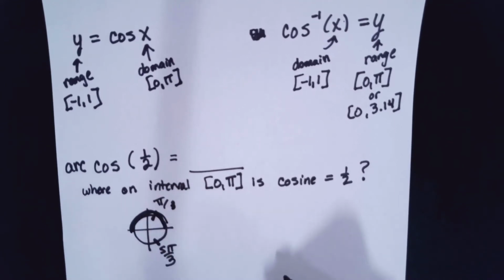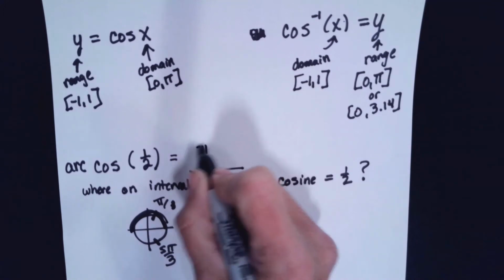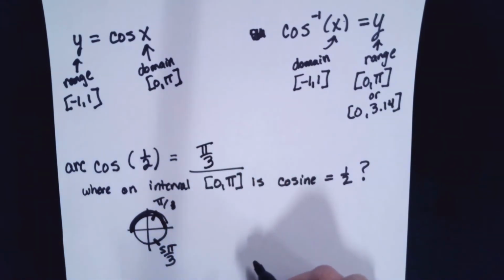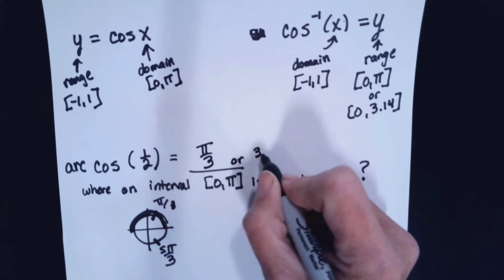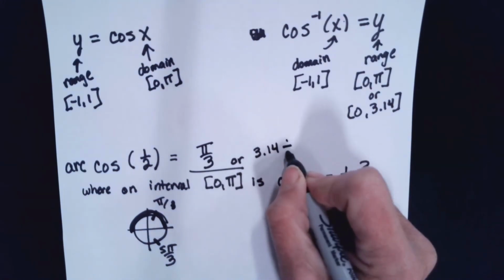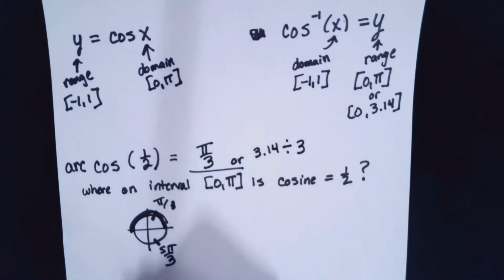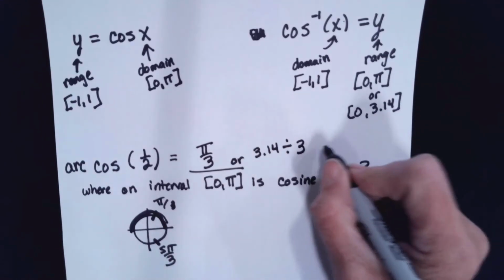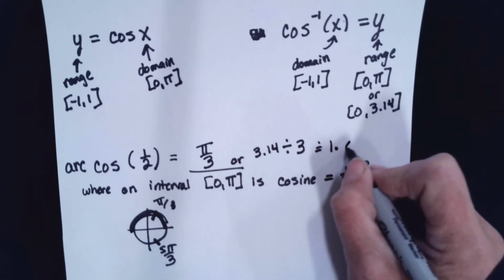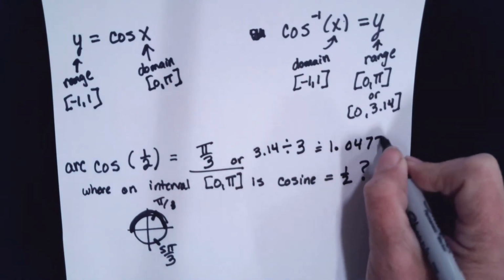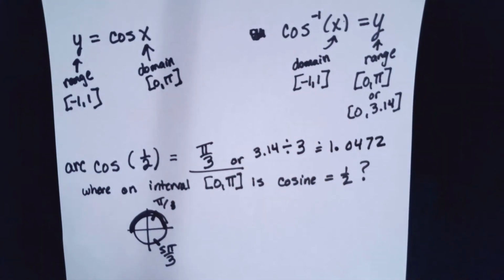So the only one there between 0 and pi is pi over 3. Or a not exact answer, if we did 3.14 divided by 3, that would give us about 1.0472, just if we took this to a decimal.